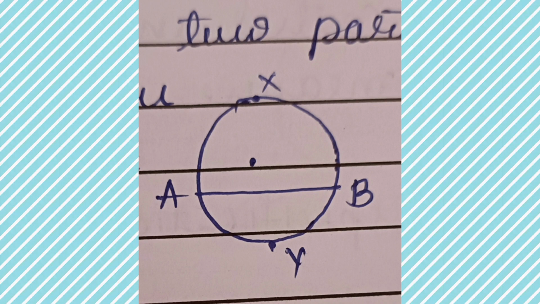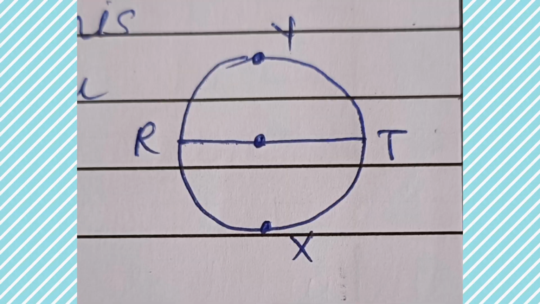AYB is the smaller arc and AXB is the bigger arc. This part is called an arc, the bigger arc is AXB, and the smaller arc is AYB.